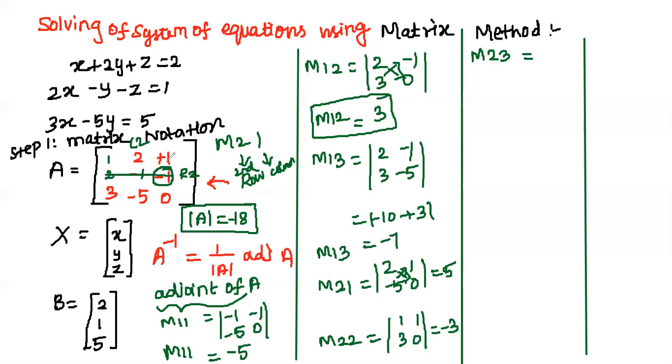We'll be cutting its corresponding row and column. So it's 1 into 5 and 3 into 2, minus 6. Minus 5 and minus 6. Yes, you will be getting minus 11. Good. And M31. Find what is M31, M32 and M33.